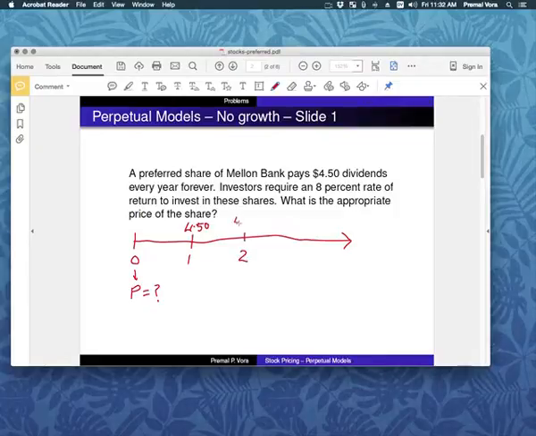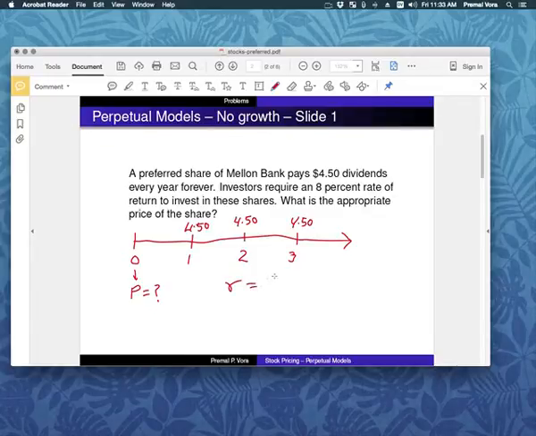Another year passes, you receive the same dividend, $4.50. A third year passes, again, you receive the same dividend, $4.50. And to communicate that this type of thing goes on forever, we have this right arrow at the end of this line.